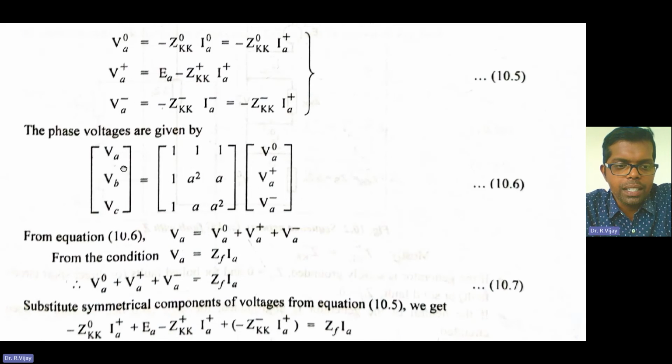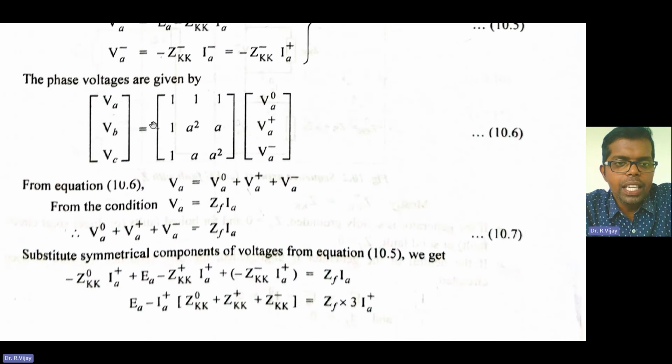Here, the phase voltages are given by the symmetrical voltages we have already seen in our previous formulation. VA, VB, VC is equal to the matrix 1, 1, 1; 1, A squared, A; 1, A, A squared. This is the transformation matrix, multiplied by VA0, VA positive, and VA negative. Multiplying these two matrices, you get VA equal to VA0 plus VA positive plus VA negative.